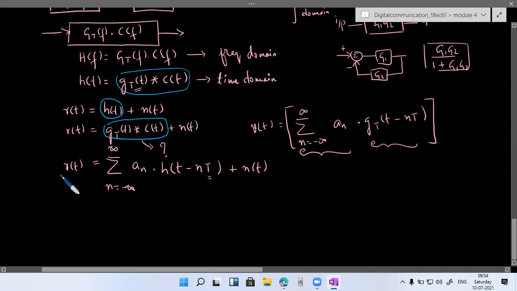So what is r of t here? This is our received signal, which is associated with this noise component n of t. So this is our noise component. So right now we are at what stage of this block diagram?